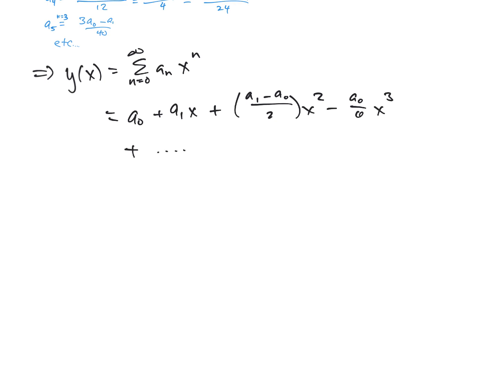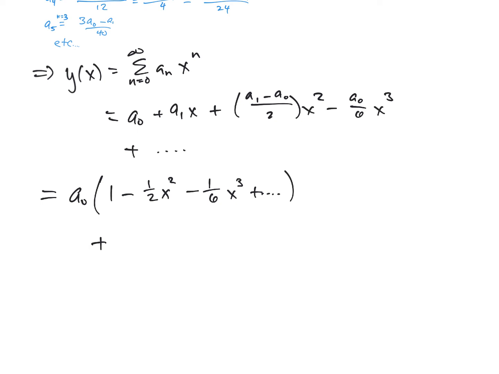Now, we still have all these a1s and a0s mixed together, so we can pull the a0s out and pull the a1s out separately, and we get a0 times 1 minus 1/2 x squared minus 1/6 x cubed plus etc.